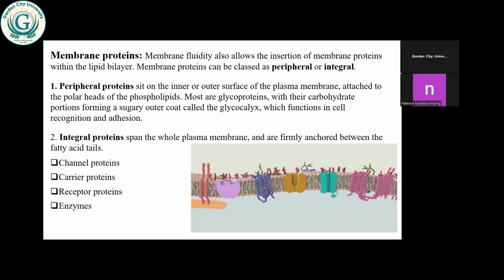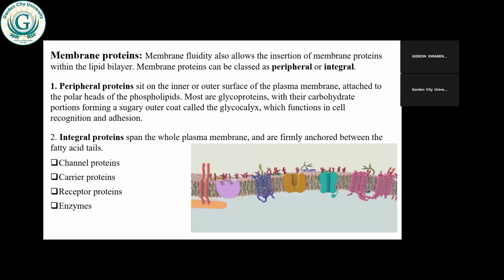Okay, so the glycocalyx is not just one. It's just a lot of glycoproteins. The cell membrane is also made of carbohydrates. I didn't talk about that. So you have carbohydrate molecules, but most of them are bound to either protein or lipid. When they are bound to protein, they are glycoproteins.